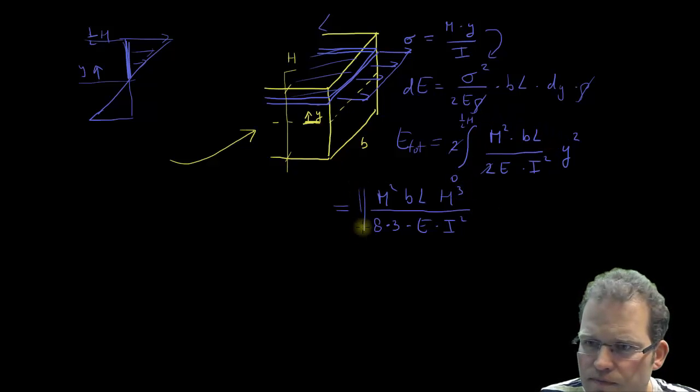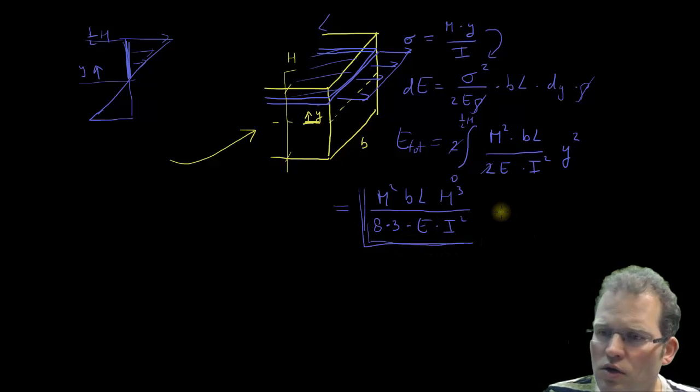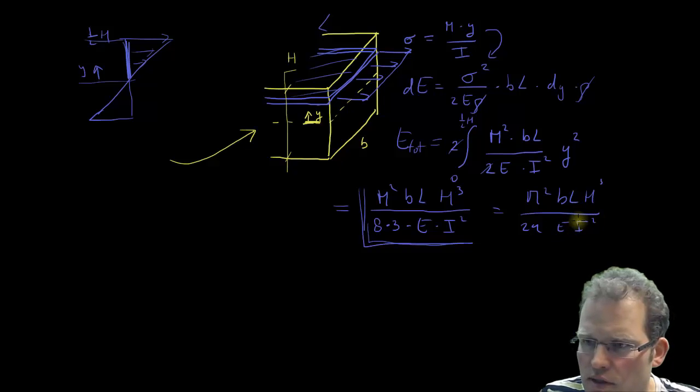There we have it. So let's say M squared B L H cubed over 24 E I squared.